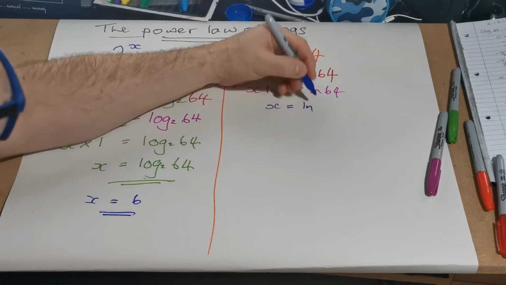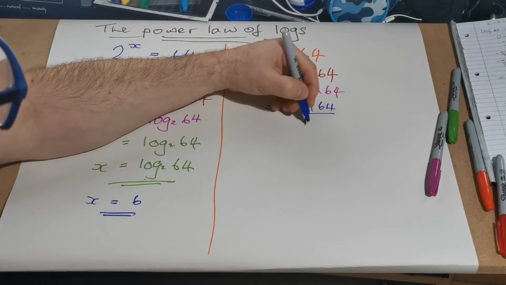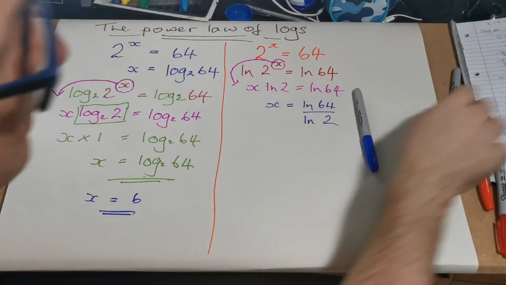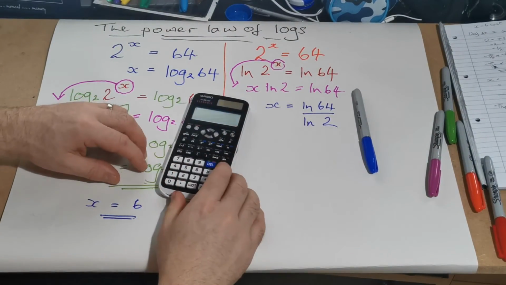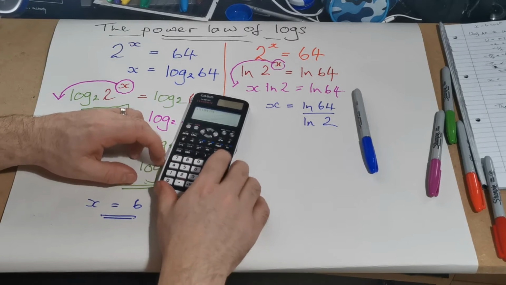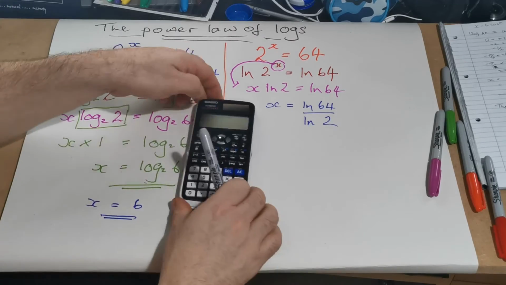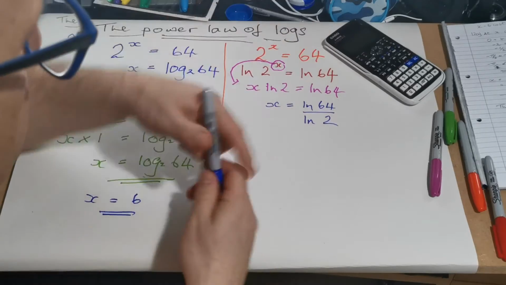So ln 64 divided by ln 2. If I grab my calculator and put that in, ln 64 divided by ln 2, I do indeed get the answer of 6. Hopefully you can see that.